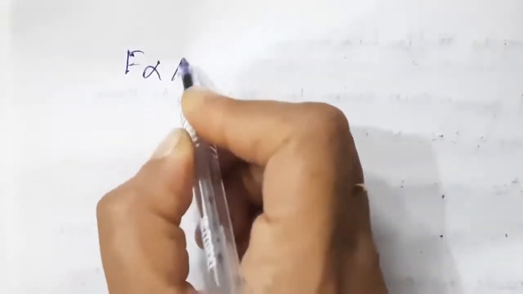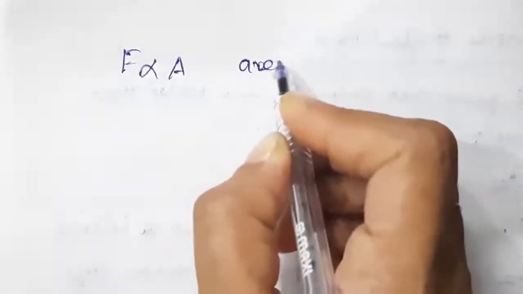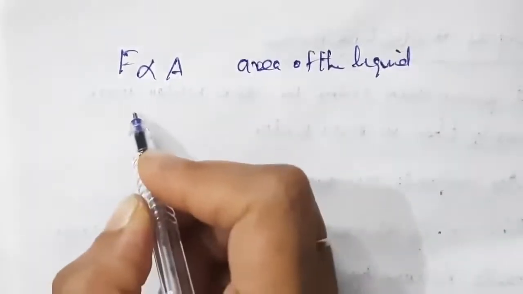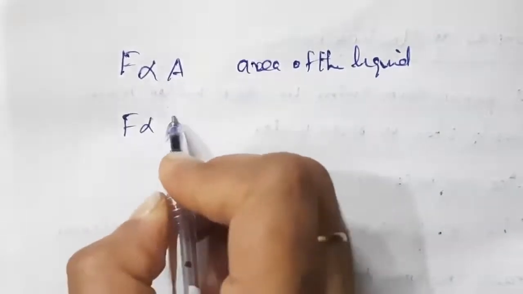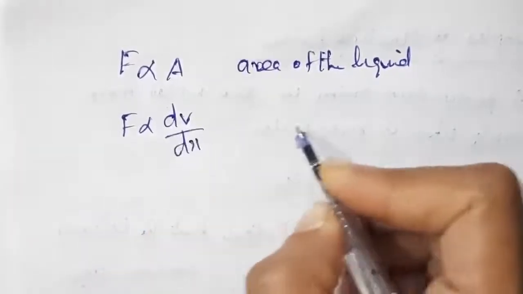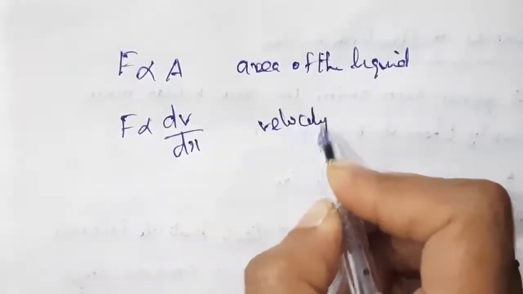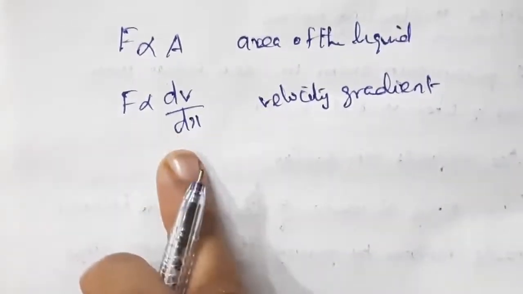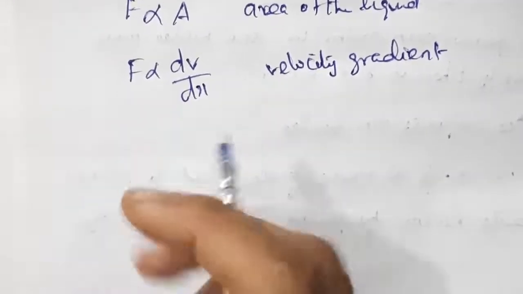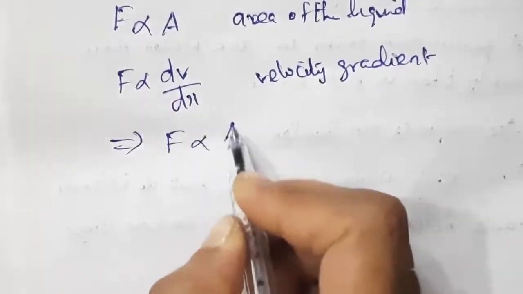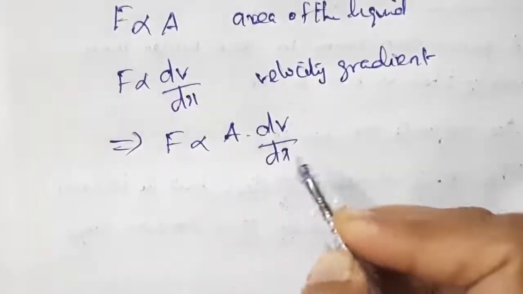So we can write the force is proportional to the area of the liquid A, and proportional to the velocity gradient dv by dx. Velocity gradient is the change of velocity with respect to distance. So F is proportional to A into dv by dx.